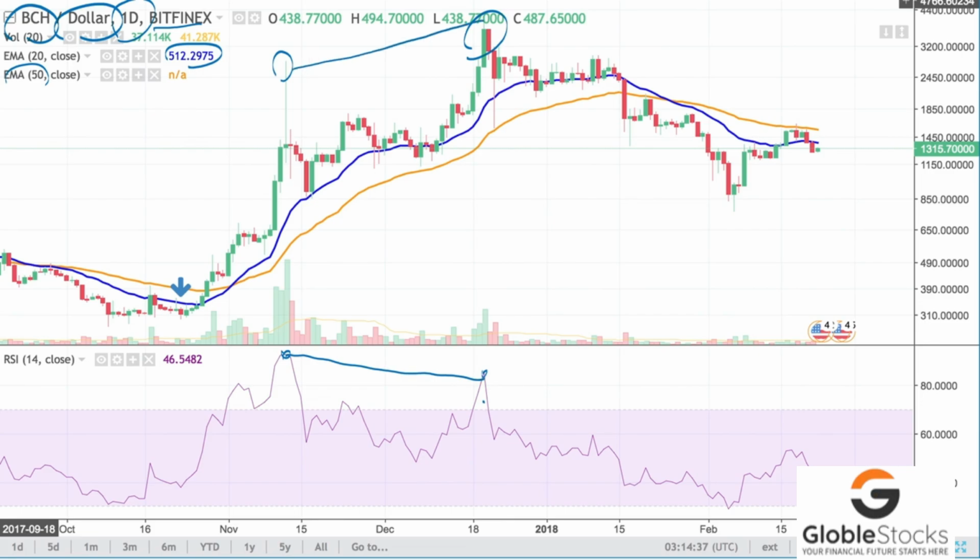This is known as a bearish divergence, and it's telling you that prices likely will not continue higher because the RSI is not matching where the price is going. In fact, the price of Bitcoin Cash dropped over the next couple of months. It's also noticeable that these signals don't occur very often, but when they do, they give us places to put stop losses or sell orders.